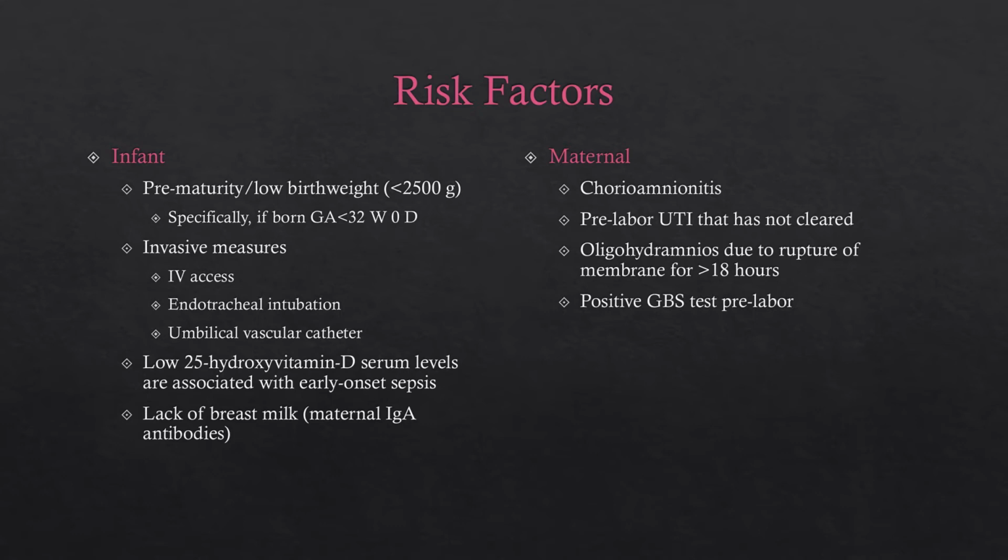Also, pre-labor UTI, if it hasn't been cleared, so that E. coli again can definitely cause this. If mom has a ruptured amniotic sac and is not aware of this for greater than 18 hours, we could definitely see some bacteria making its way up to the unborn fetus. And then if they're positive for GBS pre or post-labor, we should be concerned about an infection.